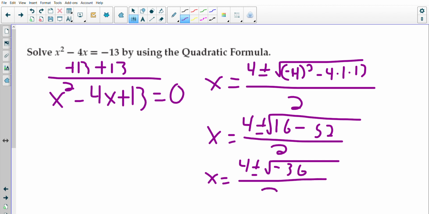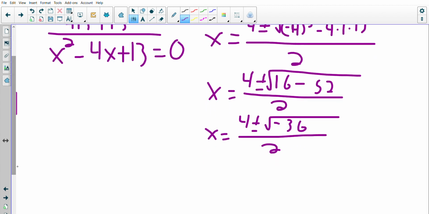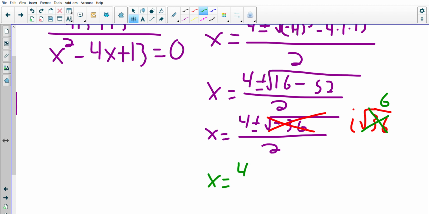So now, going back a little bit, we got to remember, when we see that negative on the inside, we can pull that out and just say i times the square root of 36. Pull that negative out of the square root, and then the square root of 36 is just 6. So I actually have 6i. So x equals 4 plus minus 6i all over 2.